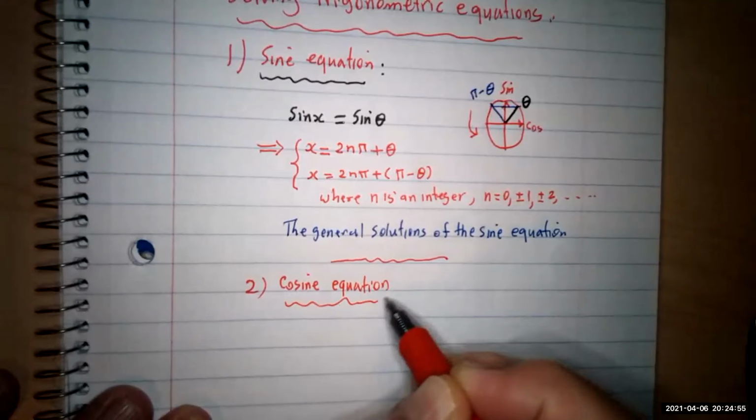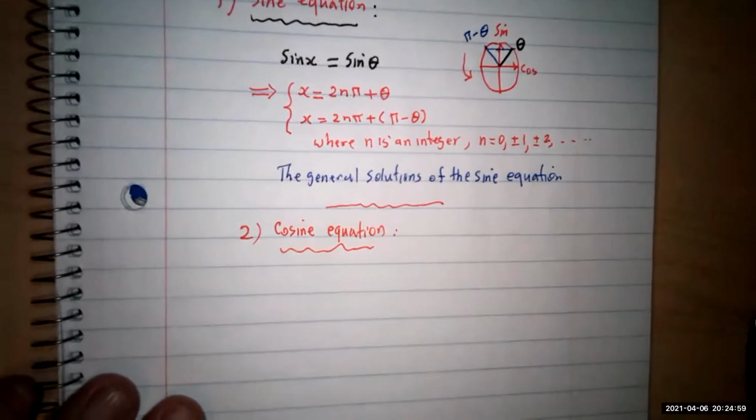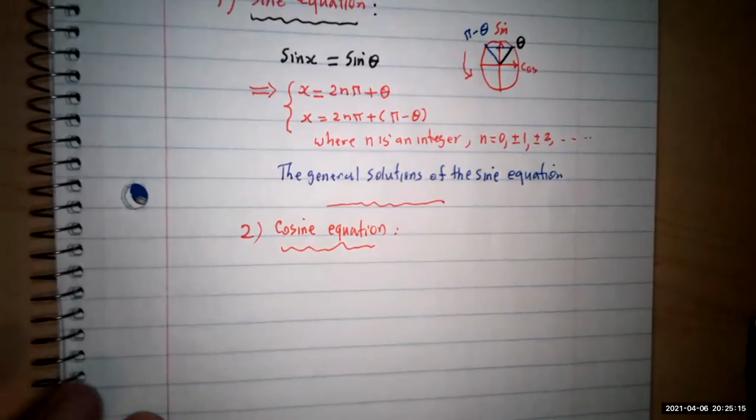So if you see in your equation that there is a cosine x, then you try to solve the equation for cosine x, okay? You may have to add, subtract, etc., to get these numbers. So that would be the cosine equations.